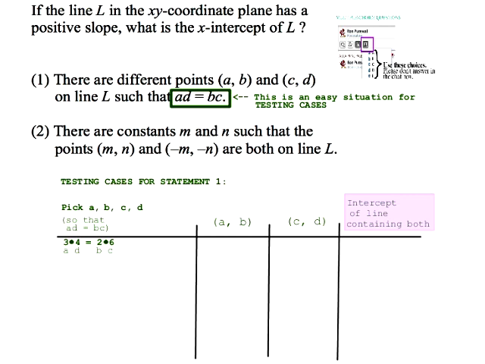So A is 3, B is 2, C is 6, and D is 4. I've seen people miss this problem because they just switch up what B and D are or something. And if that happens, it happens because you're trying to do too much stuff in your head. Don't do it. Okay, so the point AB with those numbers is 3, 2.